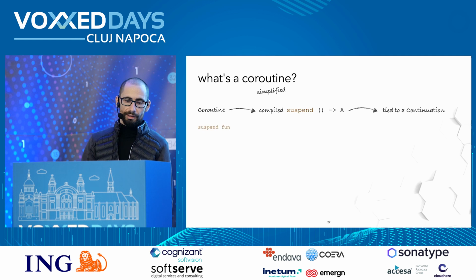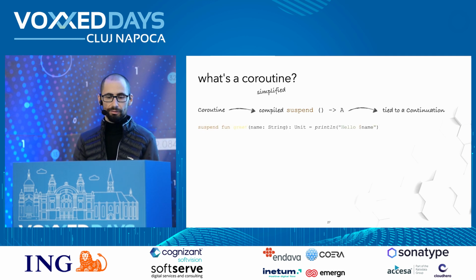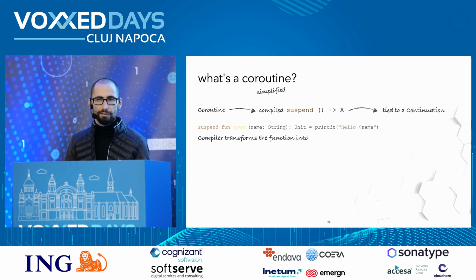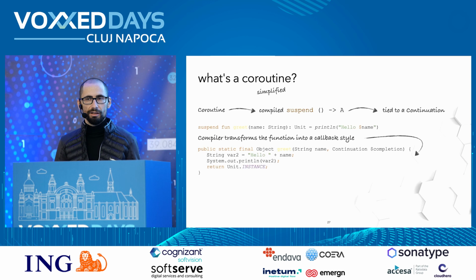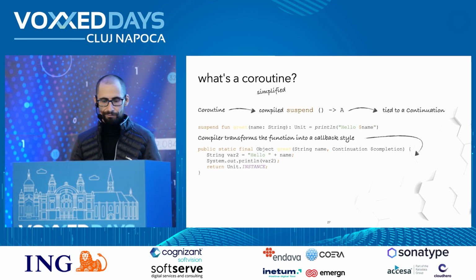So if we look at our previous example, but simplified without anything else, just to make it easier to understand, what happens is that the compiler, when it sees the suspend keyword, transforms our function into a callback style. So basically, you can think of continuation as callbacks for our function.